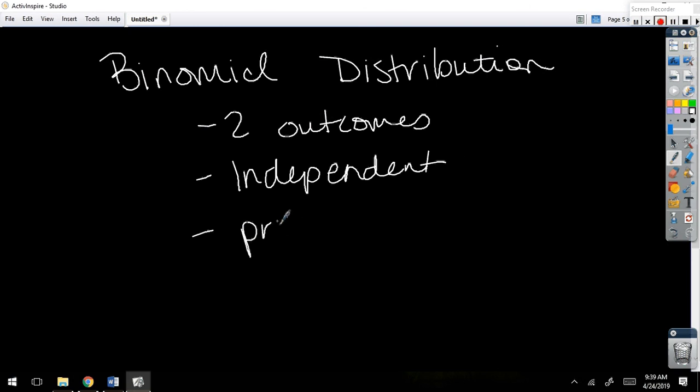Also, the probability of, I'm going to call it failure. I don't really like that, but a lot of times they use success versus failure.